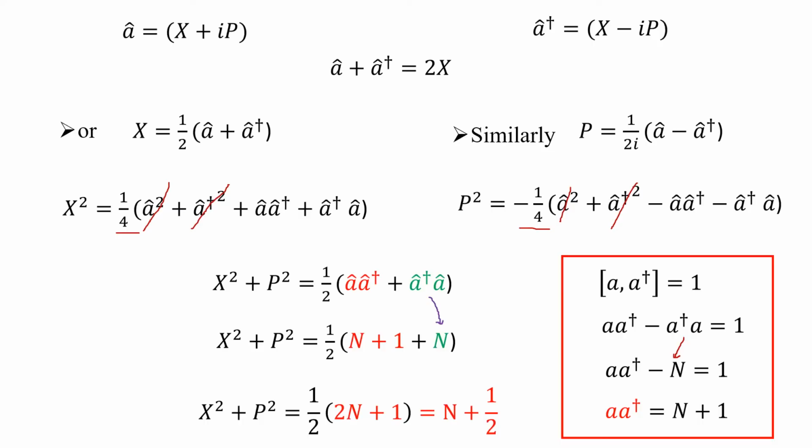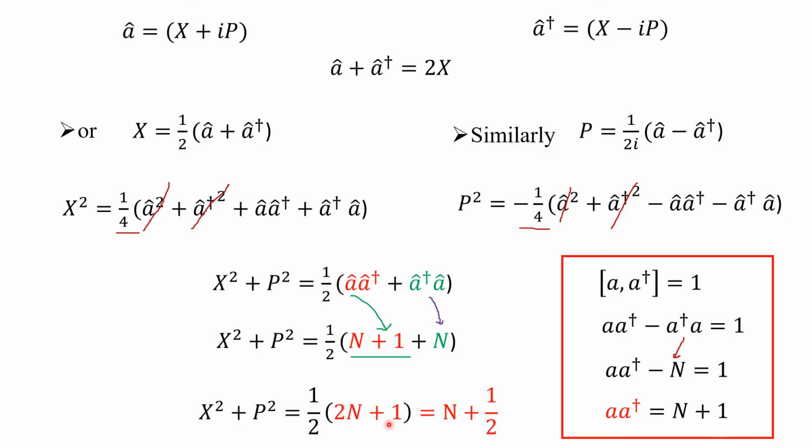So what will happen is this a a dagger is equal to n plus 1, according to this relation which I have shown in the red color rectangular box. a a dagger is equal to n plus 1. I have shown it in the green color box. n plus 1, this is n, which is equal to 2n plus 1. You can see outside the bracket there is 1 over 2.